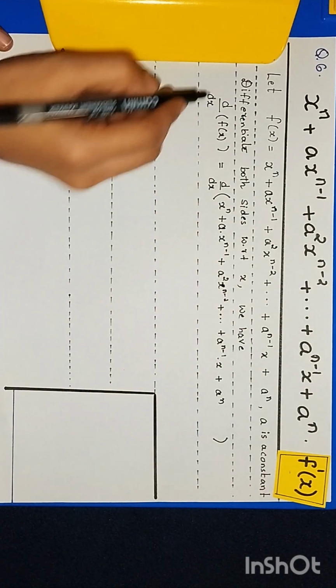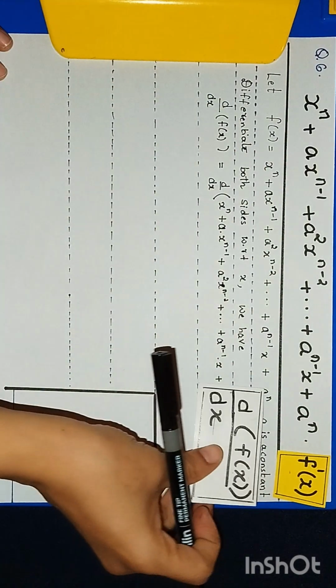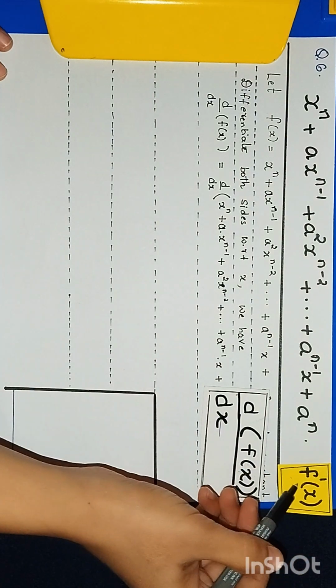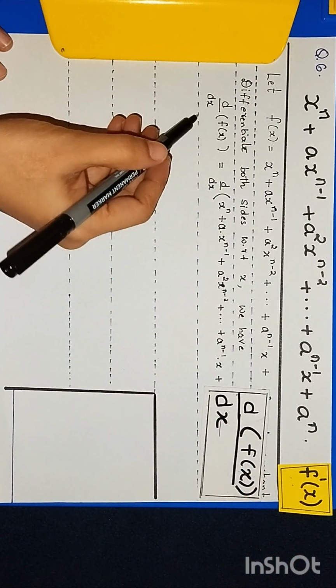Now we know that d by dx of f of x is the same as f dash of x.